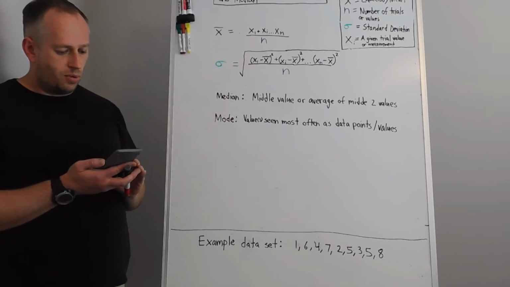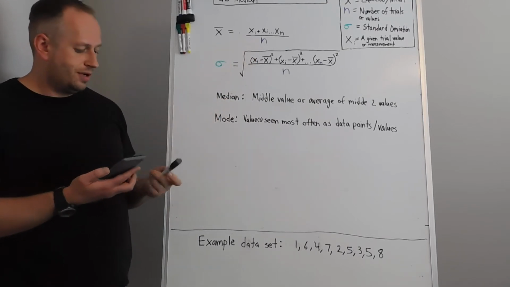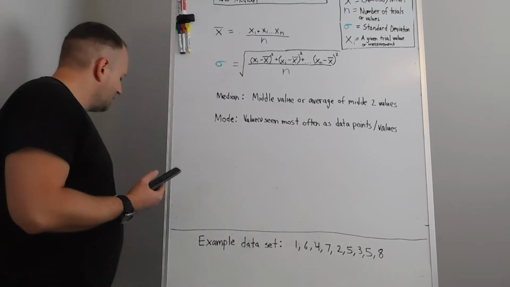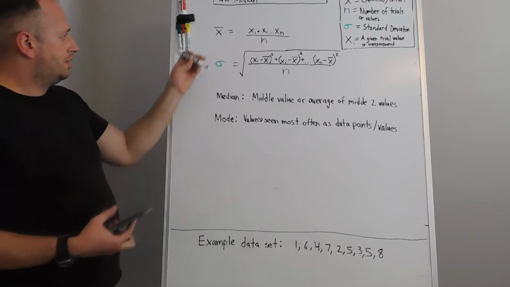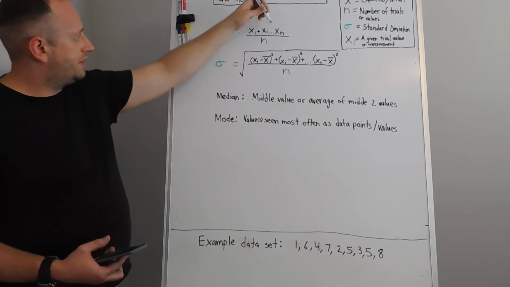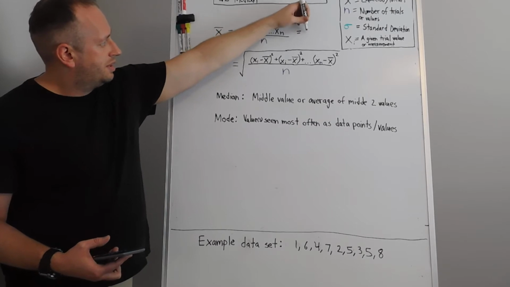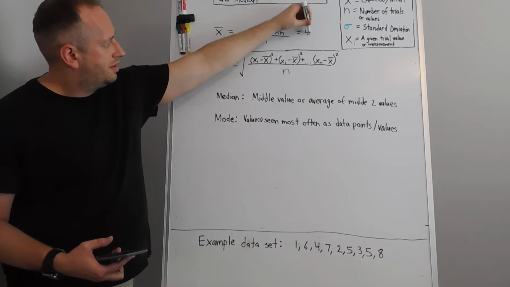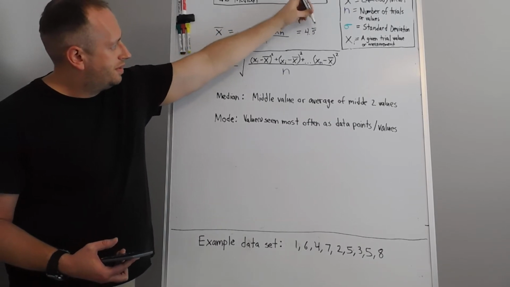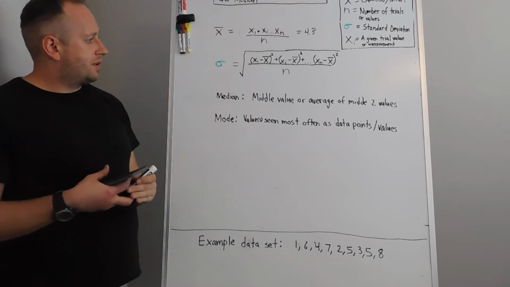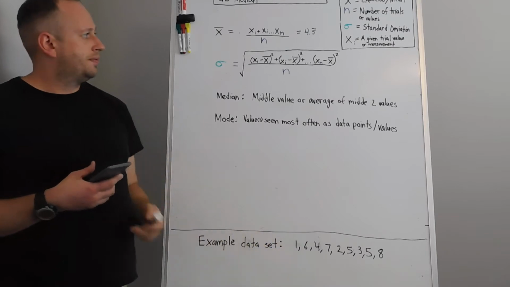We get 4.5555. So the average of these ends up being 4.5555. That is our average value for these.